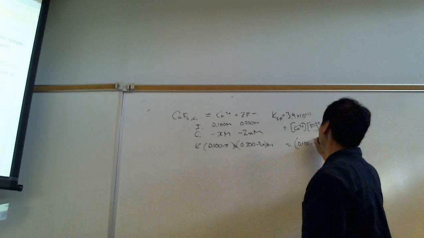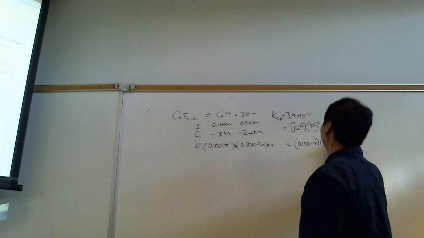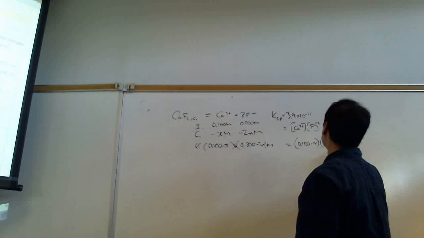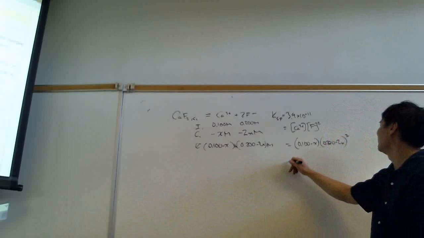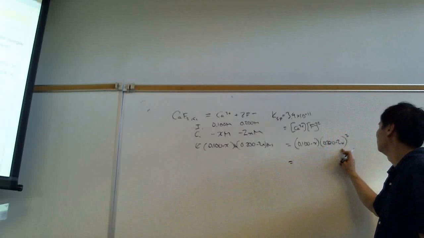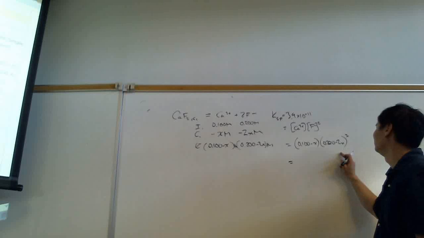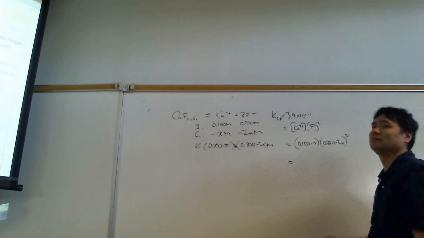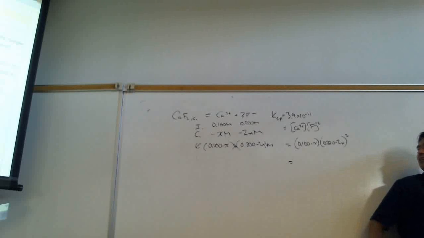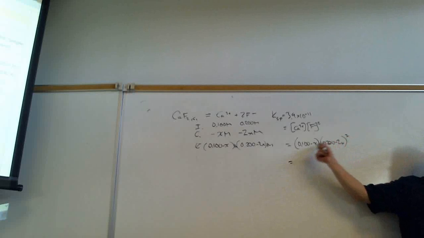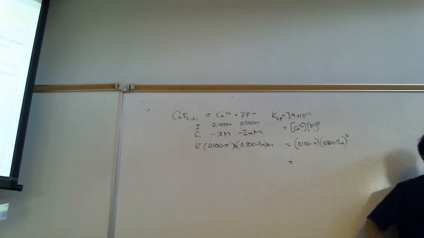0.100 minus X, 0.200 minus 2X squared gives us this. What is it going to be? Oh yeah, this is going to be a cubic equation. We could get it in cubic form and use our calculator, right?